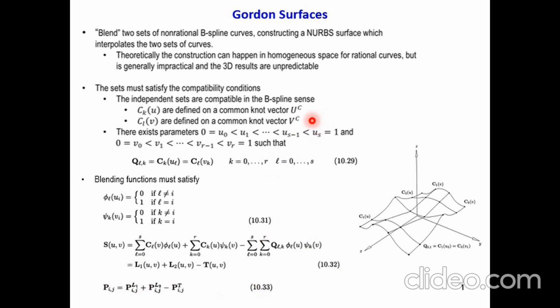Because we are compatible in the B-spline sense, we get these nice equations that we just need to add and subtract, and we get our new surface. The control points P_ij are gotten by just adding and subtracting the resulting control points for our various surfaces.